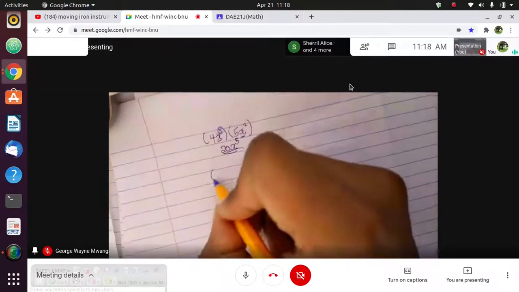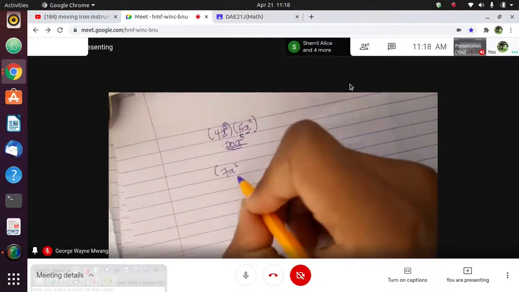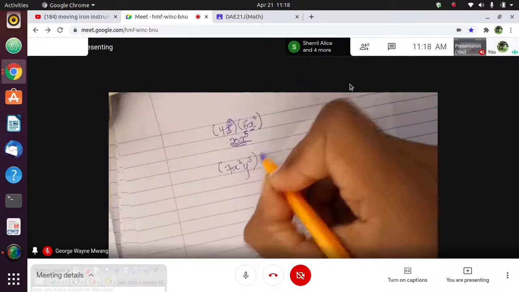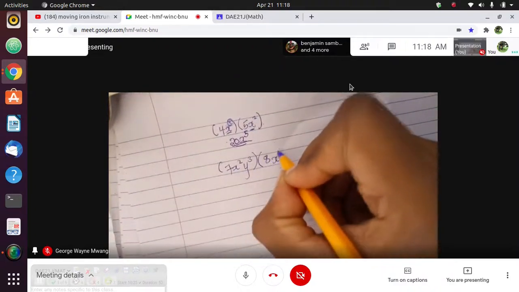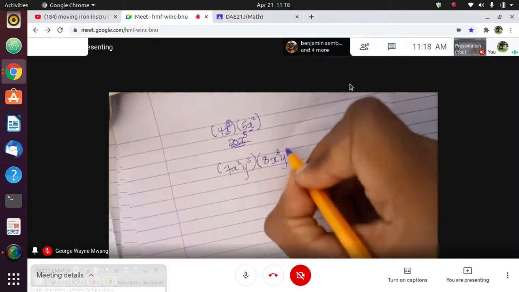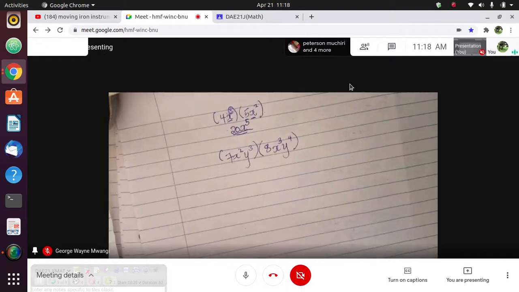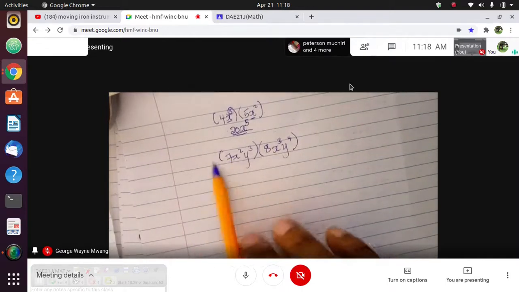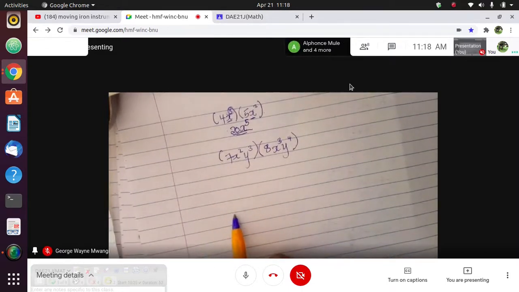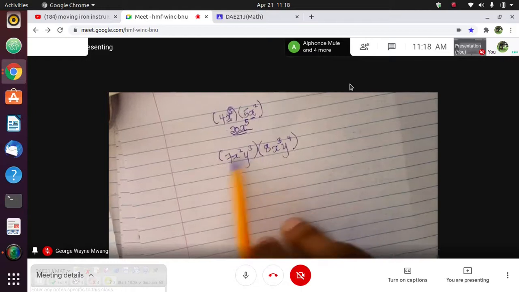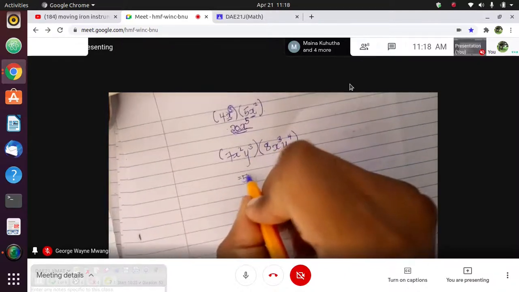Now let us try this one. 7x squared y cubed multiplied by 8x cubed times y raised to power 4. We're just refreshing what we did last class. We use the same laws of indices. We first deal with the constants, the coefficients. 8 times 7 ni ngapi? 56.